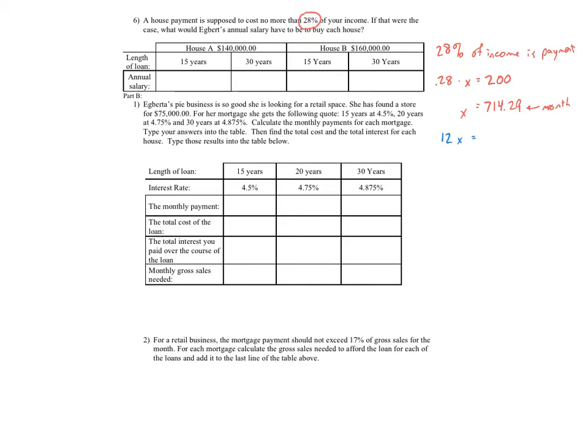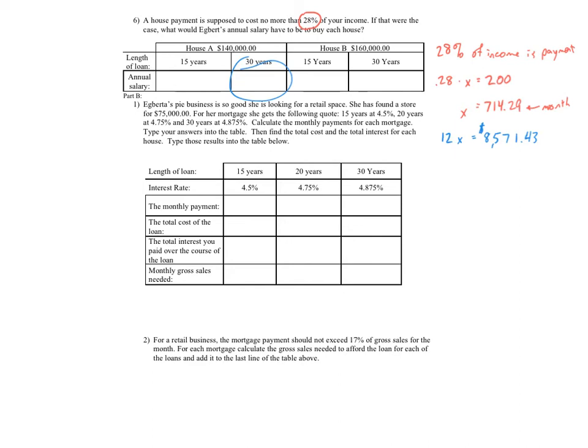So if I take that $714-ish times 12, I get $8,571.43, and that's what would go here. Now that's not going to go on your paper because you're using your numbers, but that's how you would go about that.